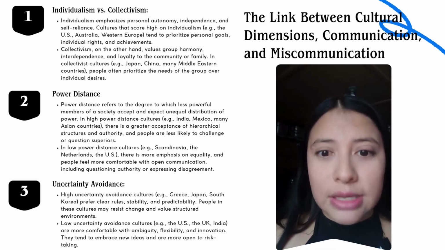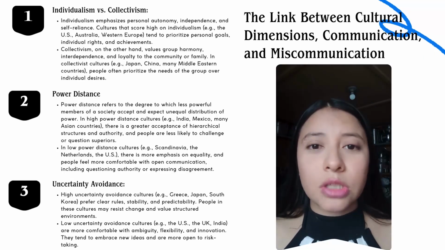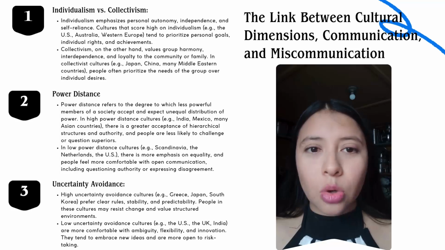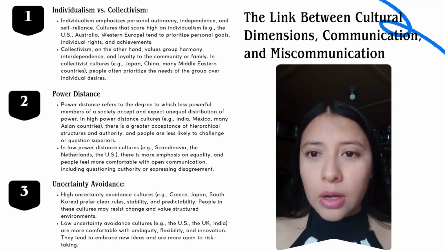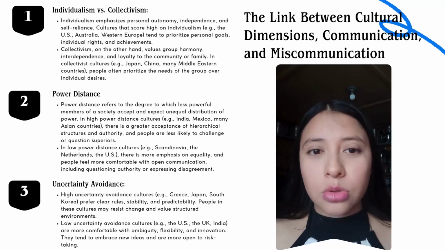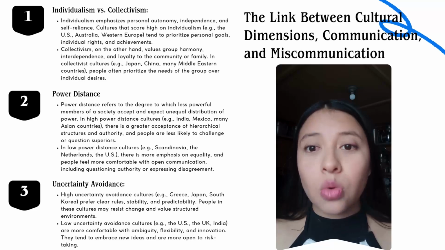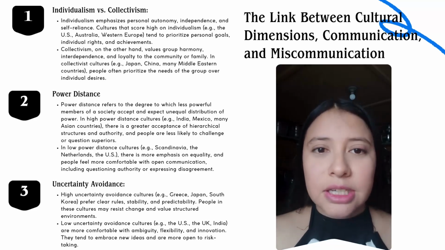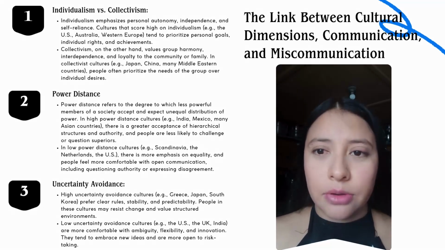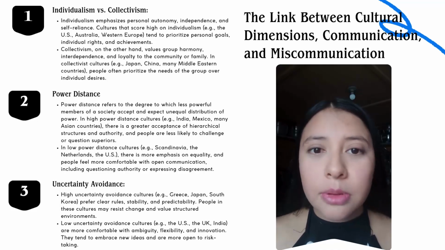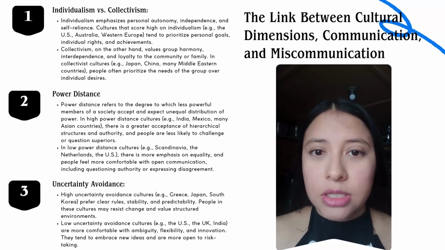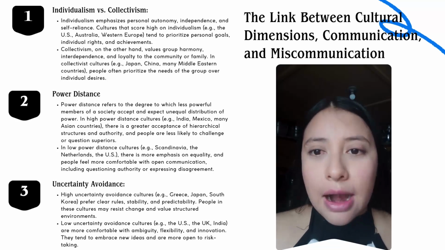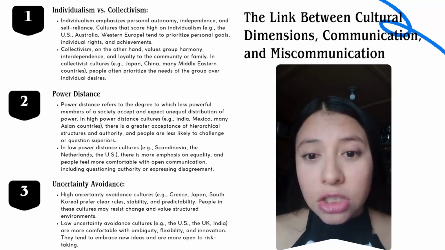Cultures with high uncertainty avoidance prefer clear rules and predictability, while low uncertainty avoidance cultures embrace flexibility and risk taking. Students should provide structured communication in high uncertainty avoidance cultures and be open to innovation and change in low uncertainty avoidance cultures. Intercultural competence is crucial for effective communication across cultures, helping individuals understand and adapt to cultural differences to avoid miscommunication. Interculturally competent individuals recognize these differences and adjust their communication approach accordingly, promoting clearer and more respectful interactions.